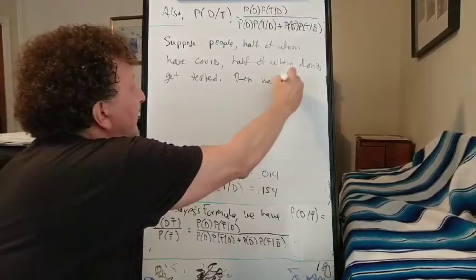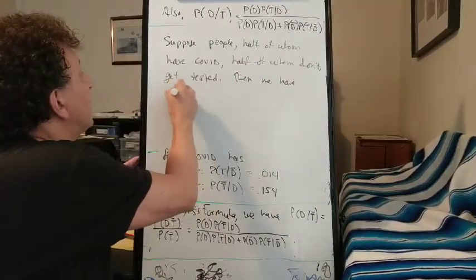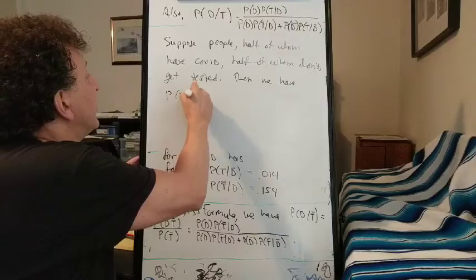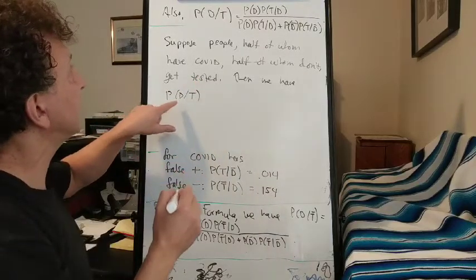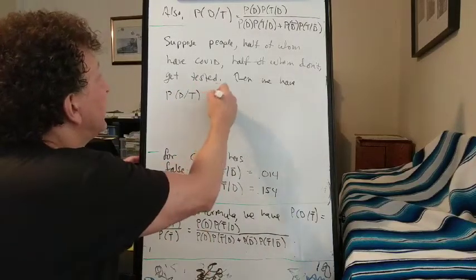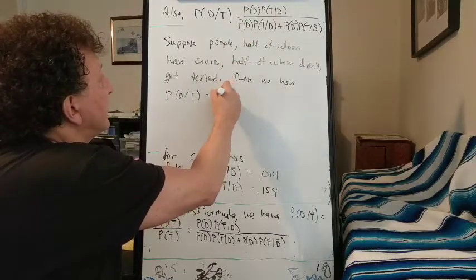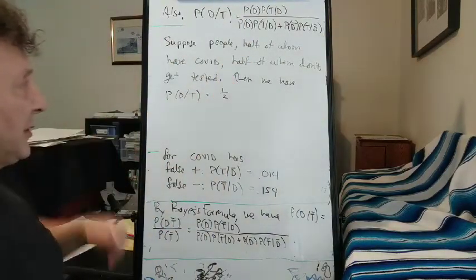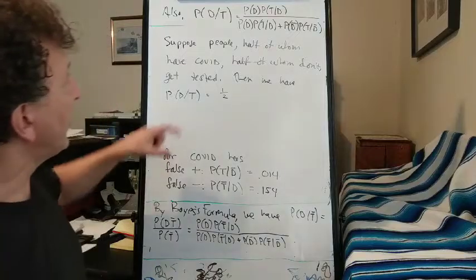So then we have the probability of someone having the disease given a positive test. The probability of having the disease is 1/2 given the population that we're testing.